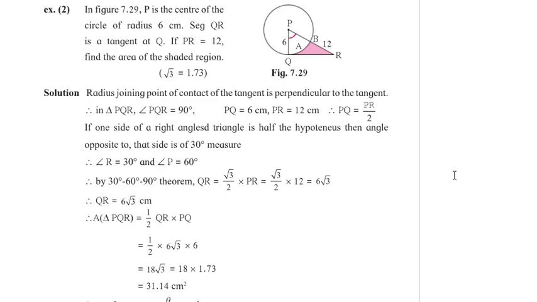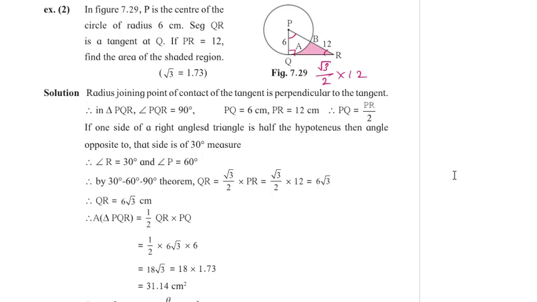So by 30, 60, 90 theorem, I can conclude that this angle is 30 degree, this angle is 60 degree, and this is obviously 90 degree because this is tangent. Tangent is perpendicular to radius. So according to this 30, 60, 90, the side opposite to 60 degree is root 3 upon 2 times hypotenuse, which is 12.